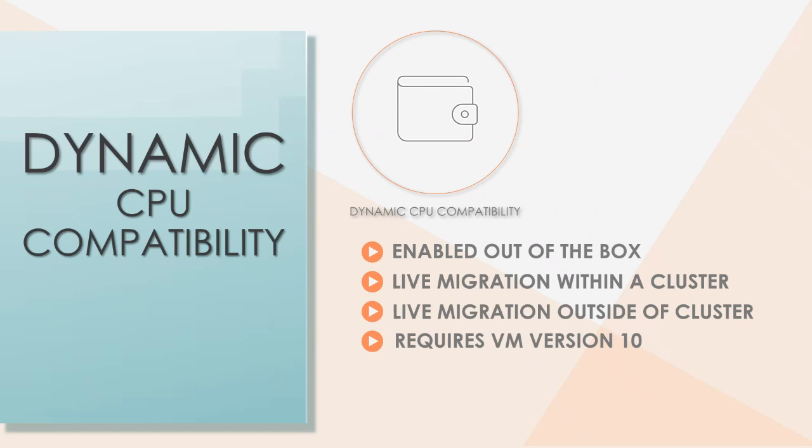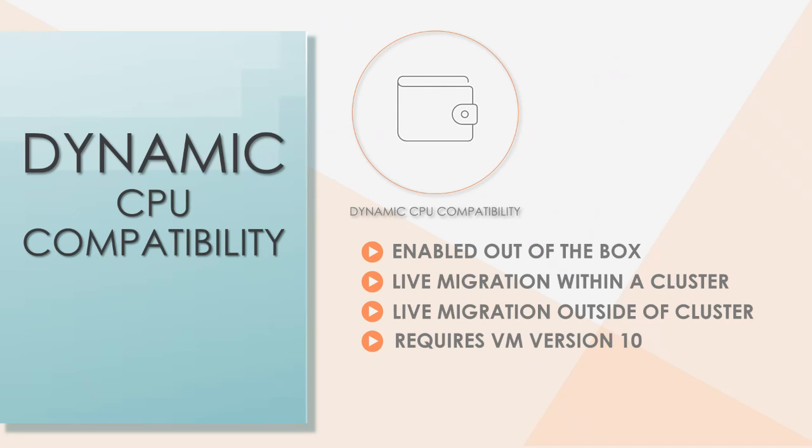Now, also please be aware that the virtual machine requires a minimum version 10 to support this capability. This has the added benefit of supporting the expansion of cluster nodes with later processors. So imagine you buy a solution for 3 to 5 years. The innovations coming from Intel and AMD are continuous.